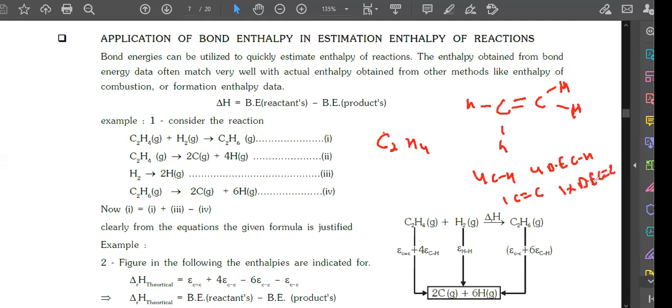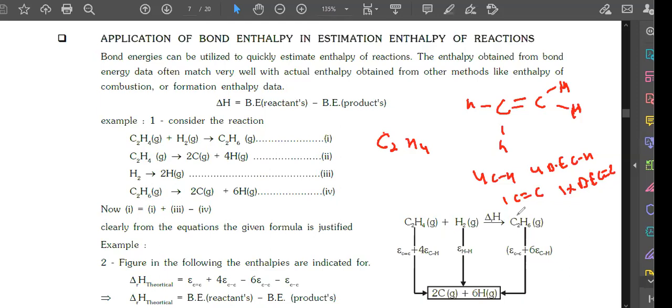You cannot say that a C double bond C bond is equal to 2 C single bonds, because double bond and single bond have different energies. Got it? You have to keep that in your mind. It is 1 C double bond C bond, not 2 C single bonds. So this is about C2H4.